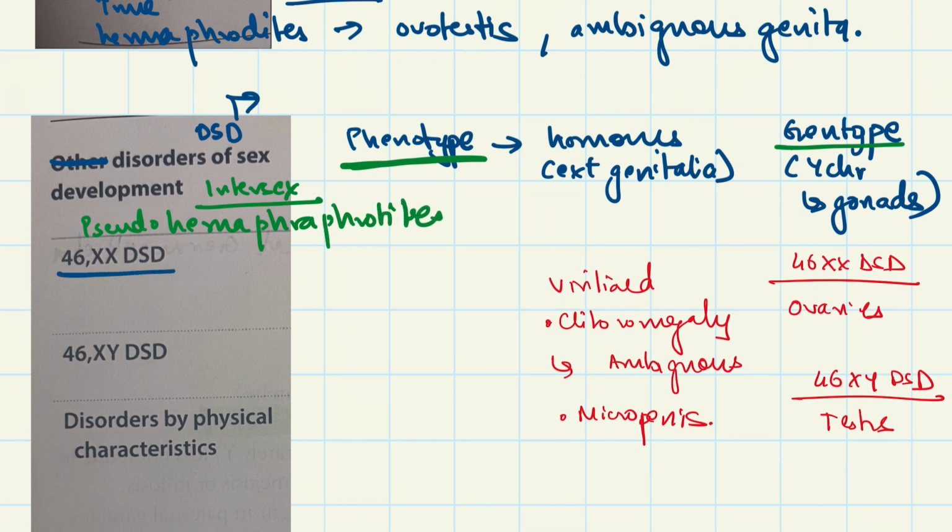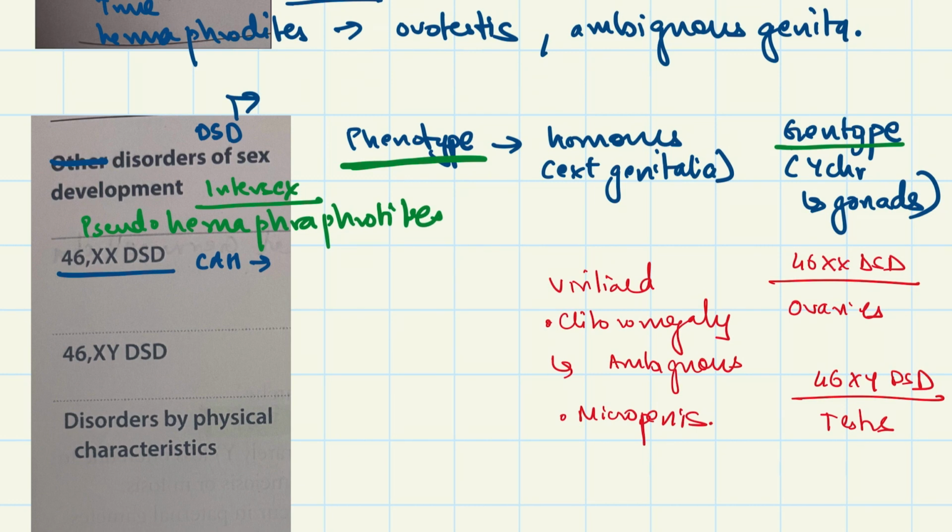The most common cause of a female pseudohermaphrodite or a 46XX DSD is congenital adrenal hyperplasia, which is increased exposure of androgens during the gestation, right? If CAH occurs after gestation or in a neonate, then the genitalia would be normal.